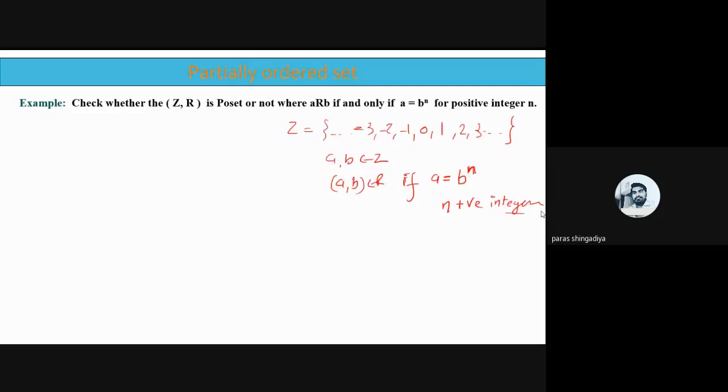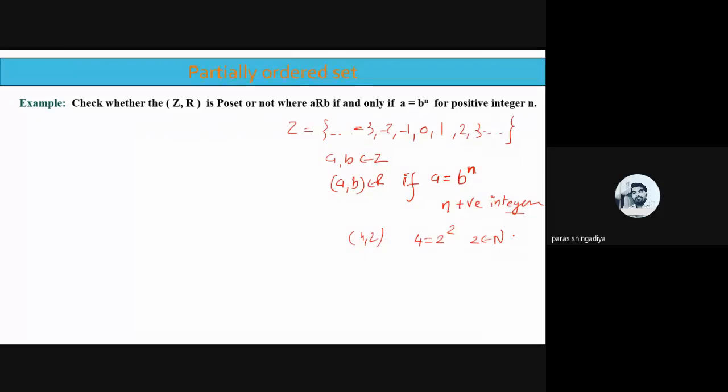So which pair can we consider? We can consider (4, 2). Check (4, 2) as (a, b), which belongs to Z. So 4 can be written as 2 squared, where 2 belongs to the set of natural numbers, meaning it is a positive integer.